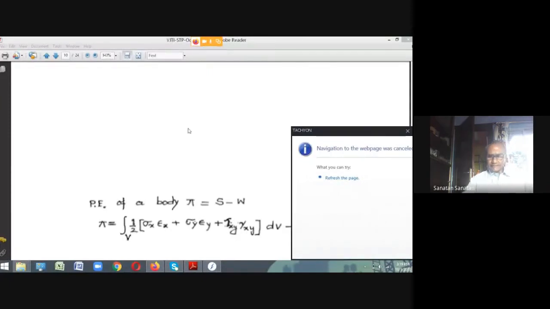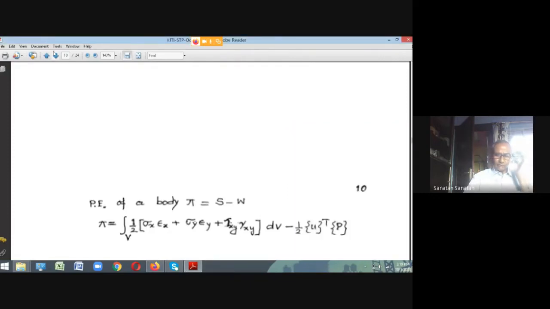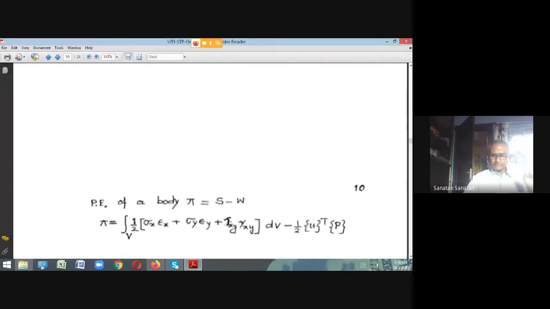The potential energy of deformation of a body is represented by pi, and it is the volume integration of this product over the volume of the body, minus the work done by the external forces, which is boundary displacement transpose multiplied by the boundary loads acting. So that's the potential energy. We'll make use of these relations often in the finite element formulations.